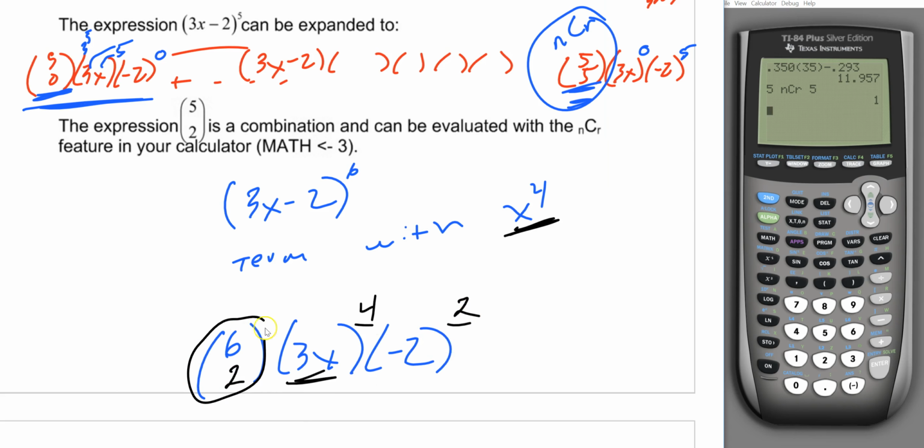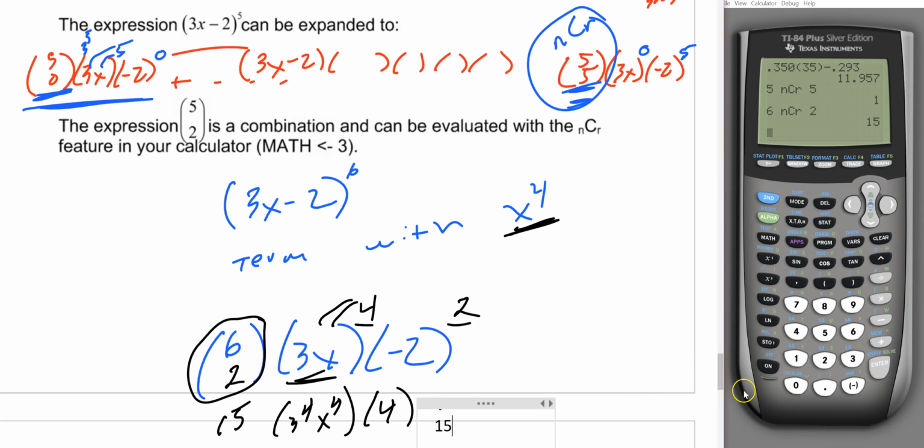I can find this in my calculator. 6 nCr 2. So math, 6. Wrong one. 6, math, nCr, 2. So 15. This goes to both. So 3 to the 4th, x to the 4th. And then negative 2 squared is 4. I multiply all those numbers there.